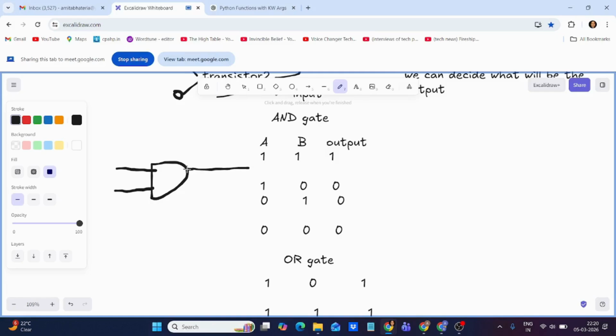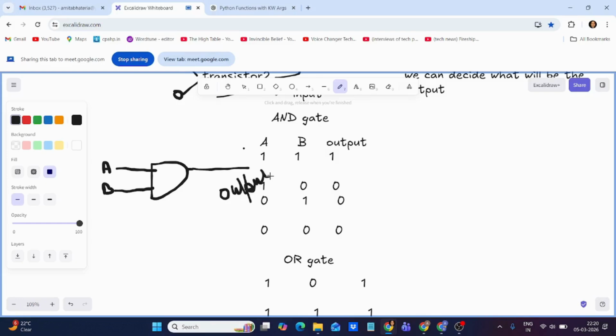And if we say this is input A to the AND gate, this is input B to the AND gate, and this is the output, right? So here we are getting the output.